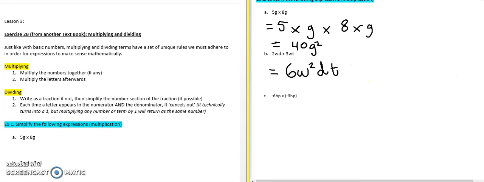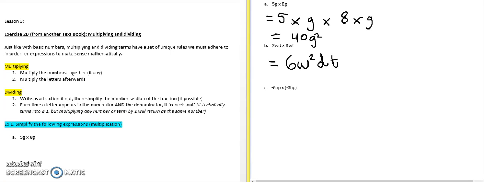And the third and last example for multiplication, we have negative 6HP times negative 3HP. I've put this in brackets to indicate that it is a negative number, so you don't get confused. So first step, multiply the numbers together, if any. We have a negative 6 multiplied with a negative 3.